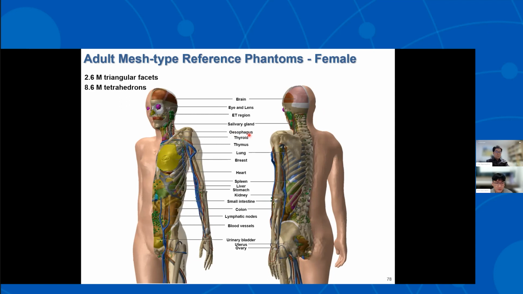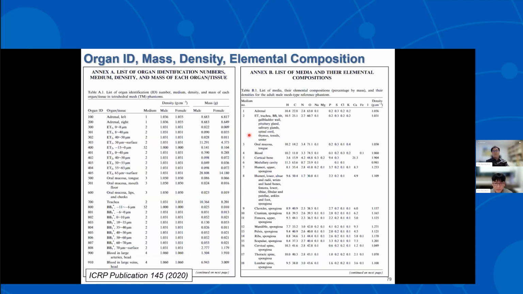And Annex A and Annex B of ICRP Publication 145 provide all numerical information of the mesh phantom, such as the organ ID, organ mass, density, and elemental composition, which are all needed for the Monte Carlo dose calculation.